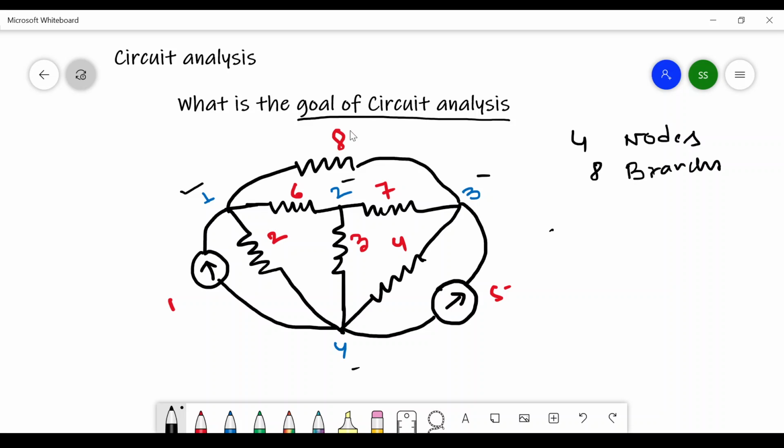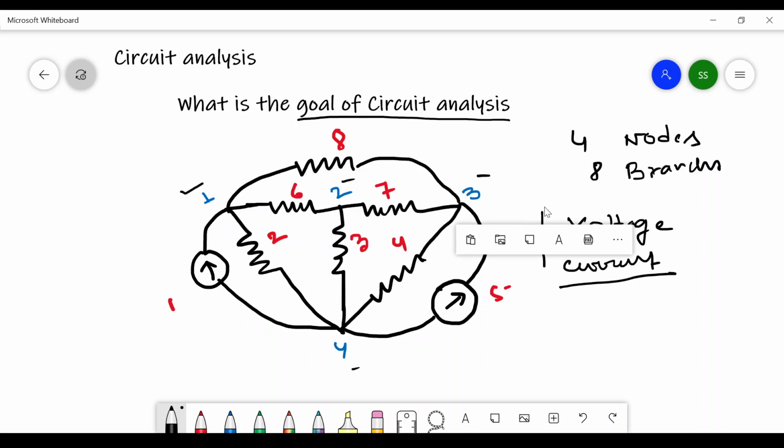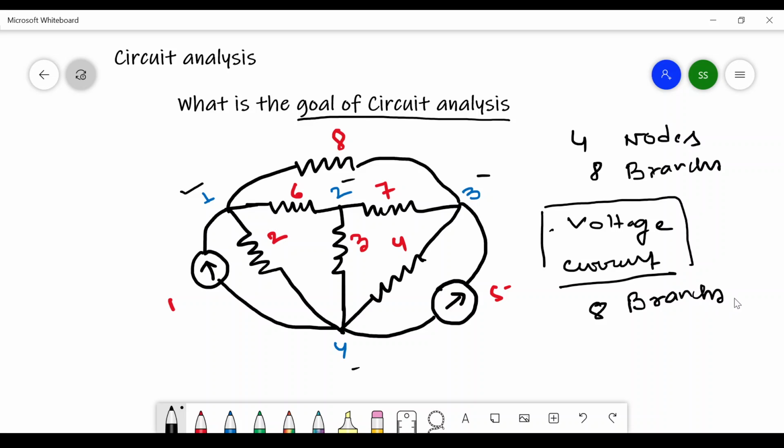So the goal of the circuit analysis is to find the voltage and current of the 8 branches. We need all the voltages and currents in those 8 branches.